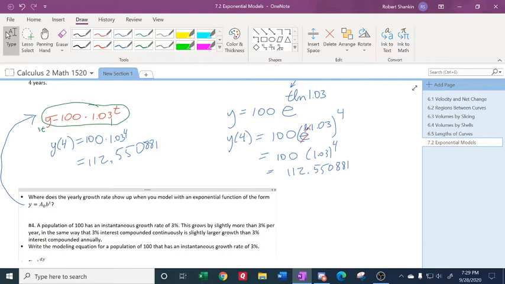Okay, let me ask group 1. Where does the yearly growth rate show up there?